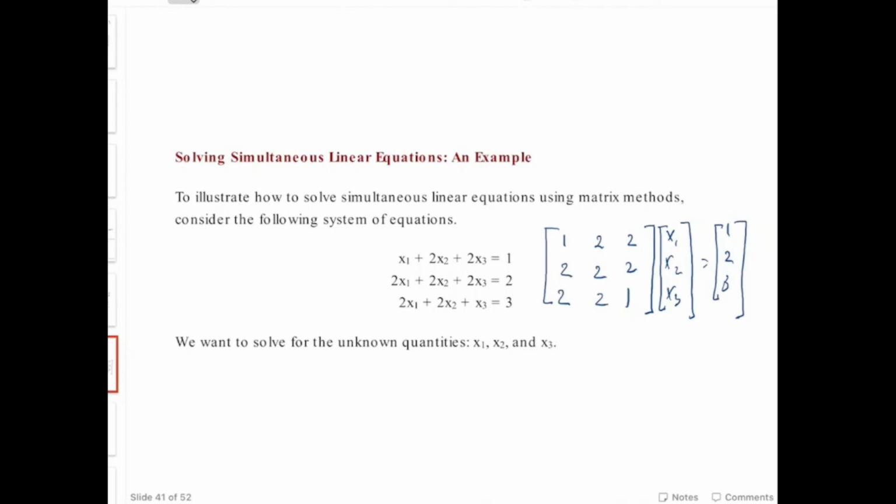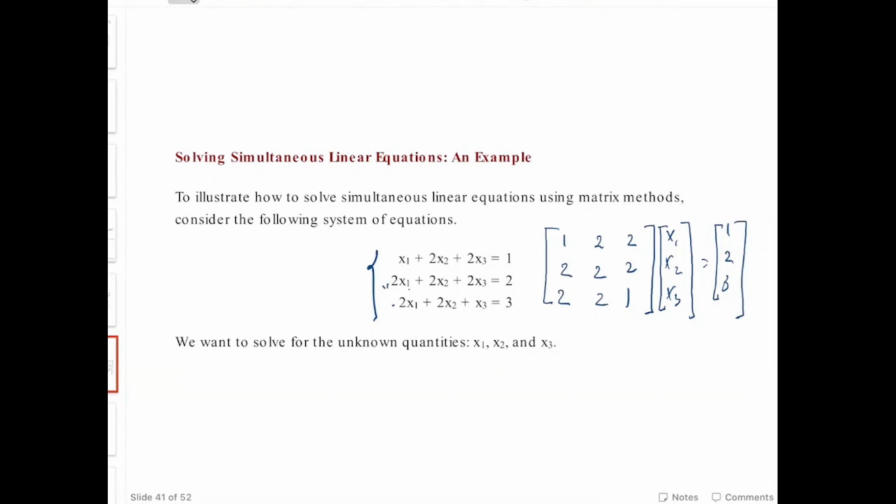If we were using normal algebra, we would try to get rid of x1 in those 2 equations by multiplying and adding, and so on. But in this case, we set it up in matrix form.